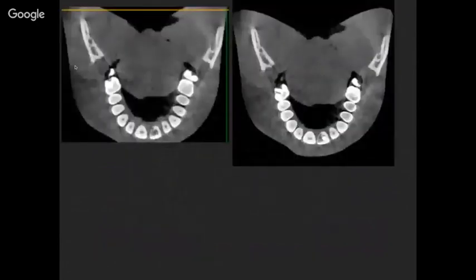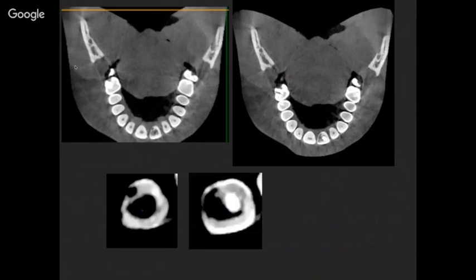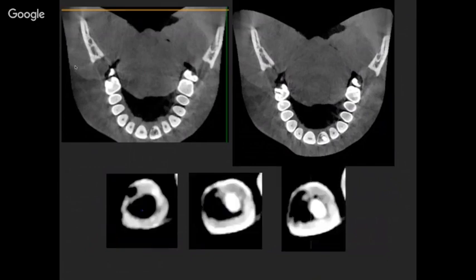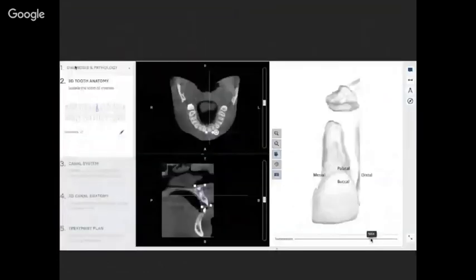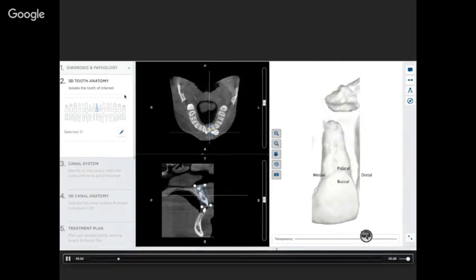And this is a second view going from the coronal down to the apex. You could see the lesion extending into the root, deeper and deeper in all its dimensions. We could also isolate the tooth as we did before and appreciate the bone loss and, at the same time, the extent of the resorption.